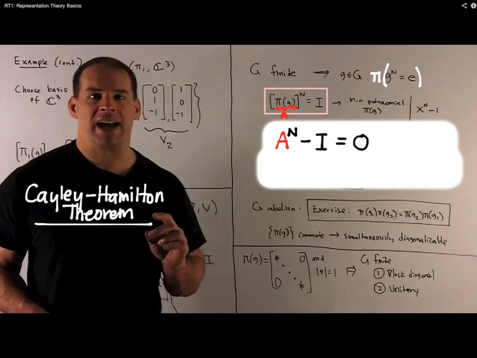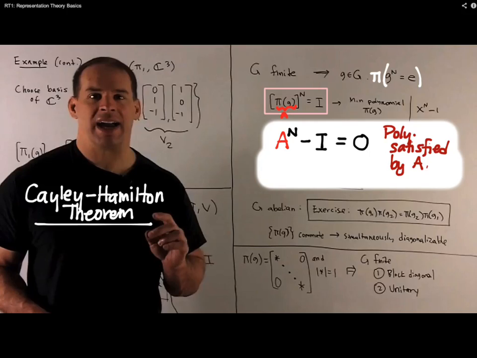Right, subtracting on both sides. And so what we've found is a polynomial equation that the matrix A satisfies.